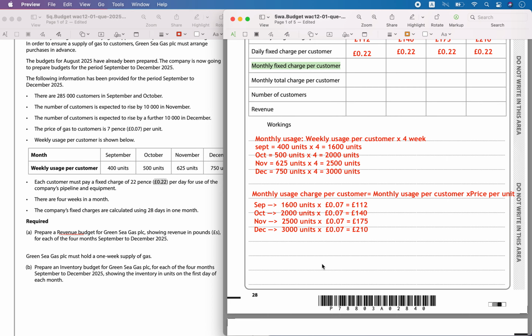Now let's calculate the monthly fixed charge. If the daily fixed charge is 0.22 and there are 28 days in the month, as given in the information, we calculate daily fixed charge per customer into 28.